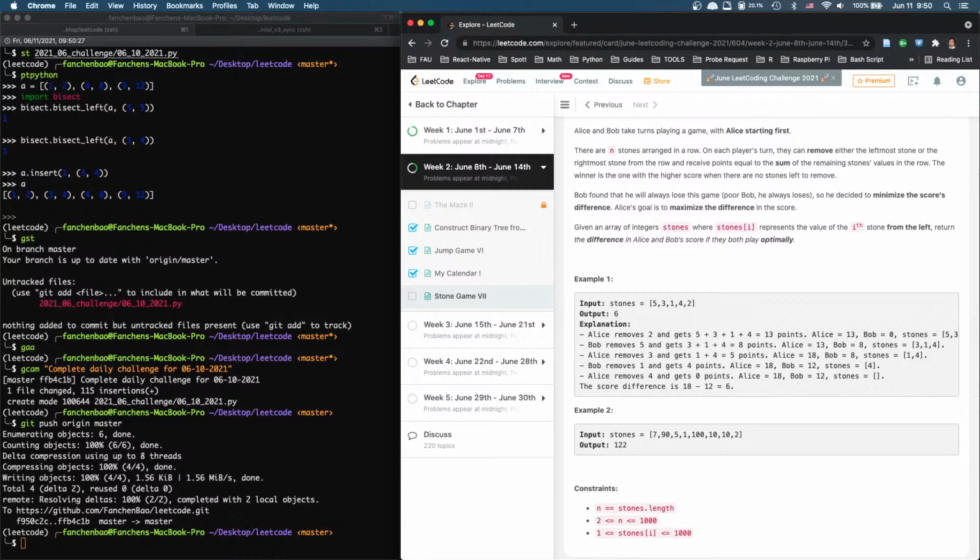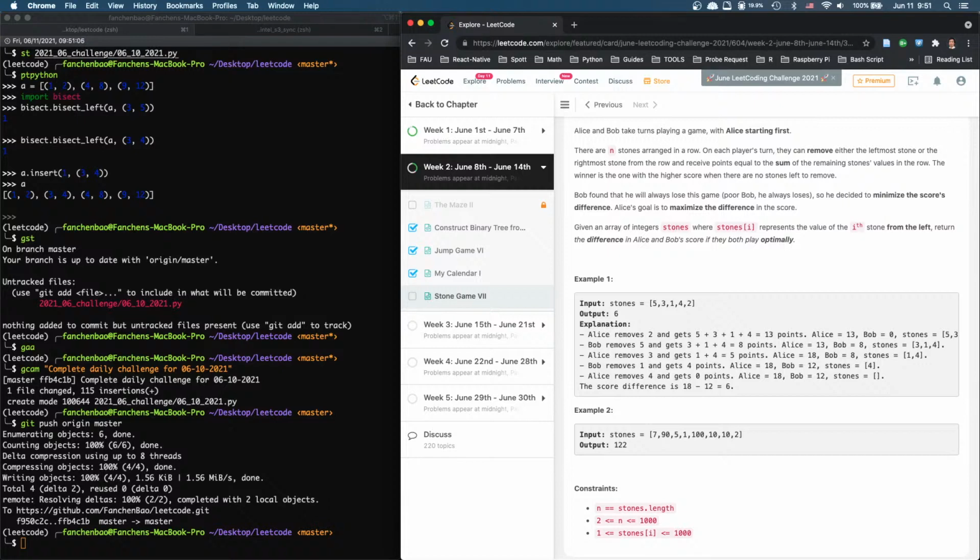Like we have this 15 versus 11 result and an 18 versus 12 result, right? I mean, for Bob, he minimizes. He plays optimally. Hold on. Alice removes 2, and Bob removes 5, right? And Alice removes 3, and Bob removes 1.